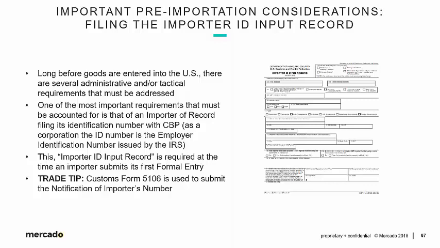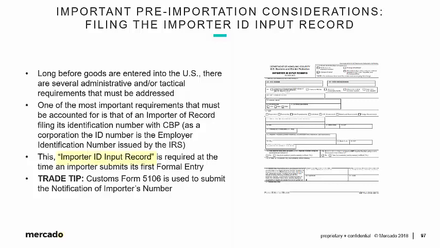The ID number is the employer identification number issued by the IRS, the EIN, as it's called. That's for a corporation. There are other requirements for individuals. We'll talk about that when we look at the document itself. For the most part, importers that are legal business entities, it's going to be the EIN, that is the key number used to notify customs of our import activities.